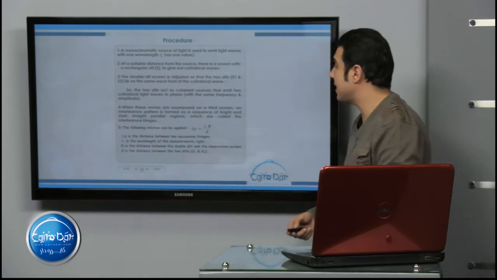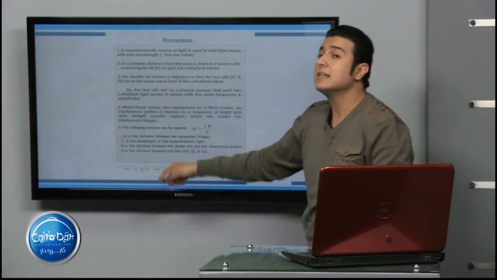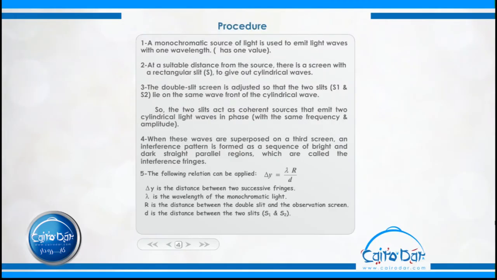These cylindrical waves are in the same phase. Same phase means same velocity, same time, same displacement, same direction. When these waves are superposed on a third screen, called the observation screen, an interference pattern is formed, with dark fringes and illuminated fringes.